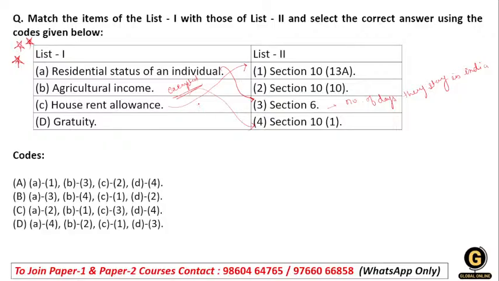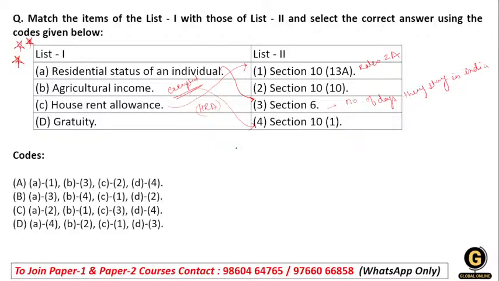In short we say HRA, house rent allowances received by a salaried individual, subject to the conditions under the rules of 2A. Okay, sorry, not bracket, only 2A. Now the next, that is gratuity. You can easily match it with section 10 subsection 10.